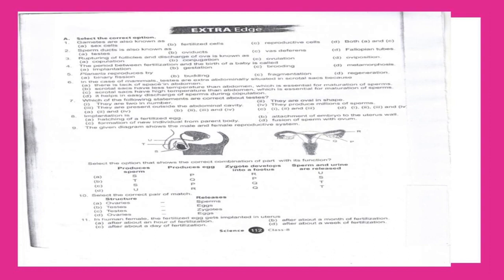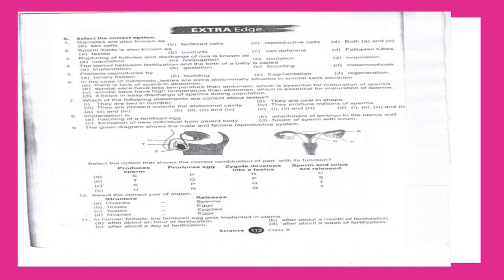The option for producing the sperm. Which one? S. The testis will produce the sperm. So the options AU, CU are correct. Which produces the egg? P is producing the egg. So again, it will be AU, CU. Right? Then zygote develops into fetus.